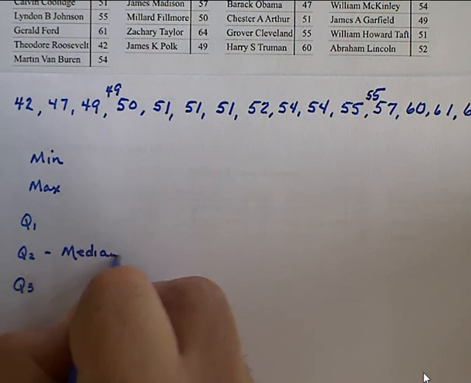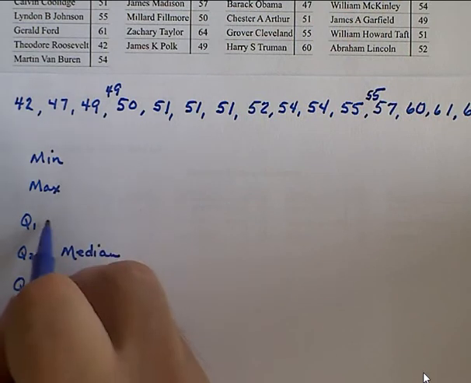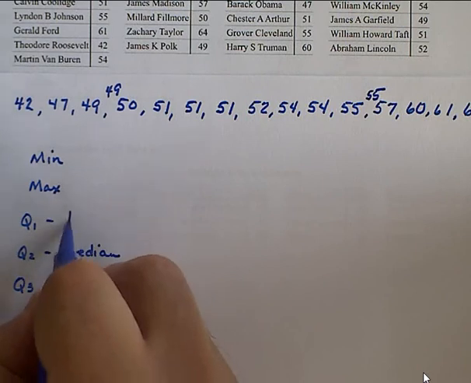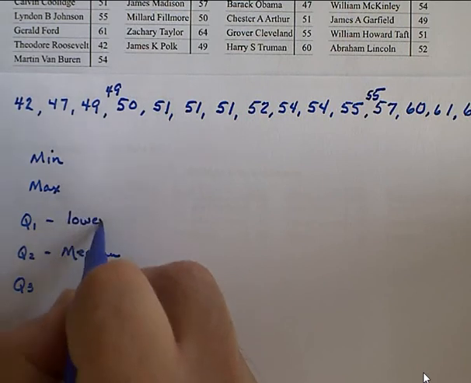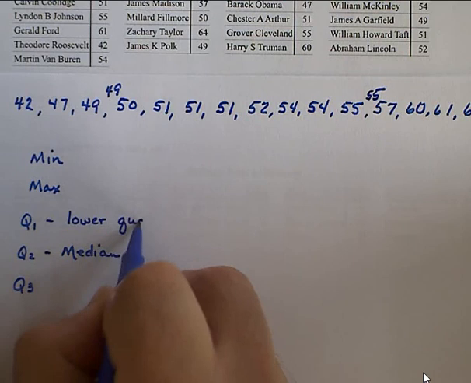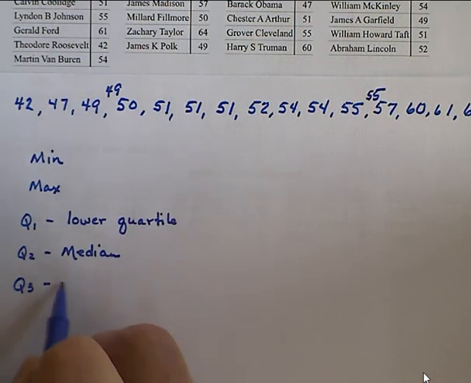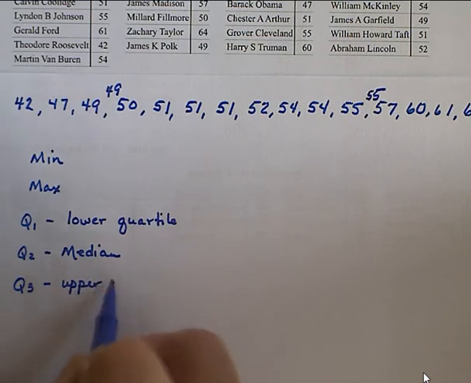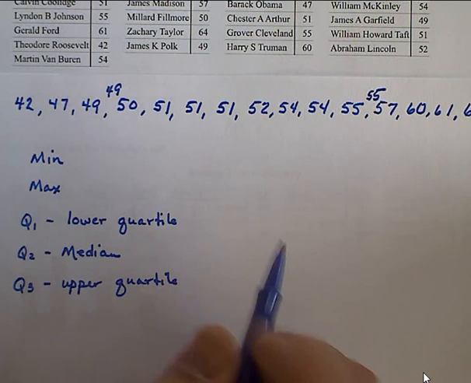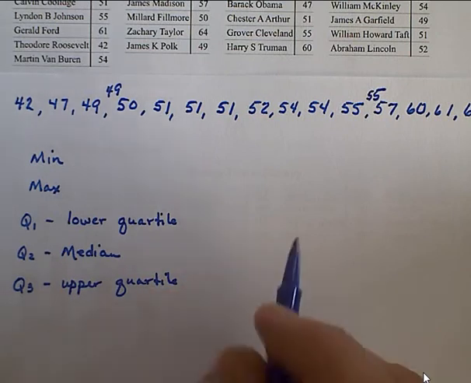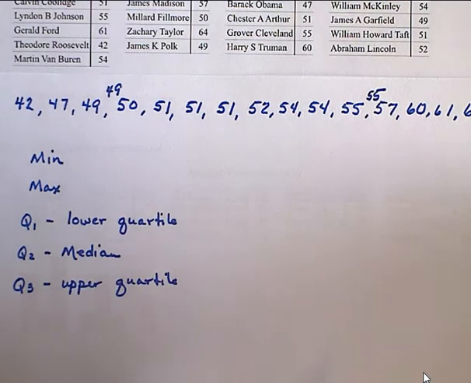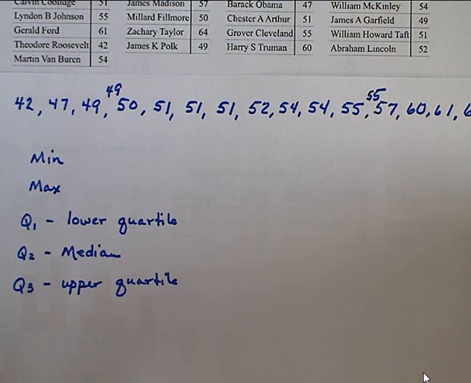Now Q1 is the lower quartile, meaning it's the quartile of the lower half. The upper quartile is the quartile of the upper half. Okay, so now I just need to find those numbers and I can create a picture.